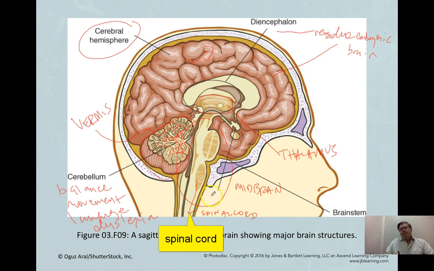Now, the spinal cord is a part of the central nervous system, but it is not directly connected to the cerebral hemispheres. It's also not directly connected to the cerebellum.